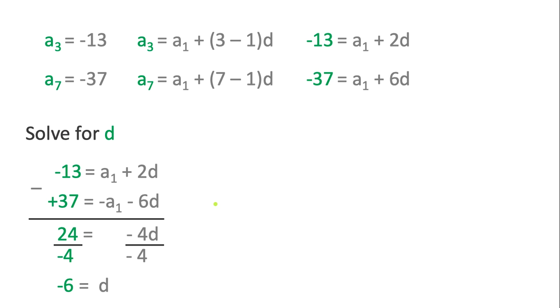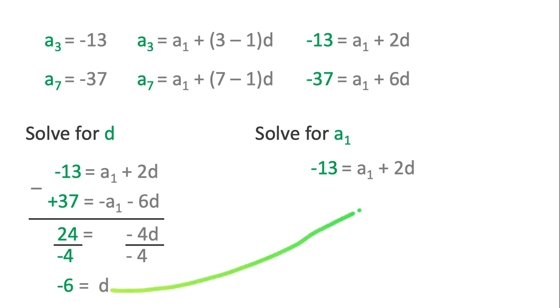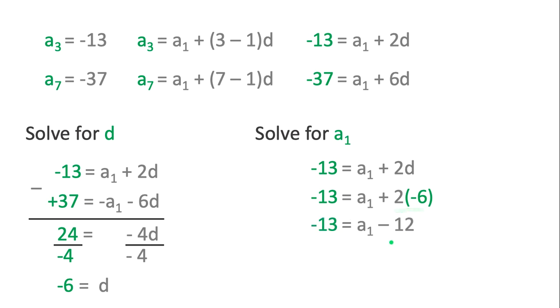To find the first term, which is the a sub 1, you can either use the formula of negative 13 or negative 37. Let's just use negative 13, a sub 1 plus 2d. Now since we just solved the common difference, which is the d, we can substitute it in the formula. Negative 13 is equal to a sub 1 plus 2 times negative 6. 2 times negative 6 is negative 12.